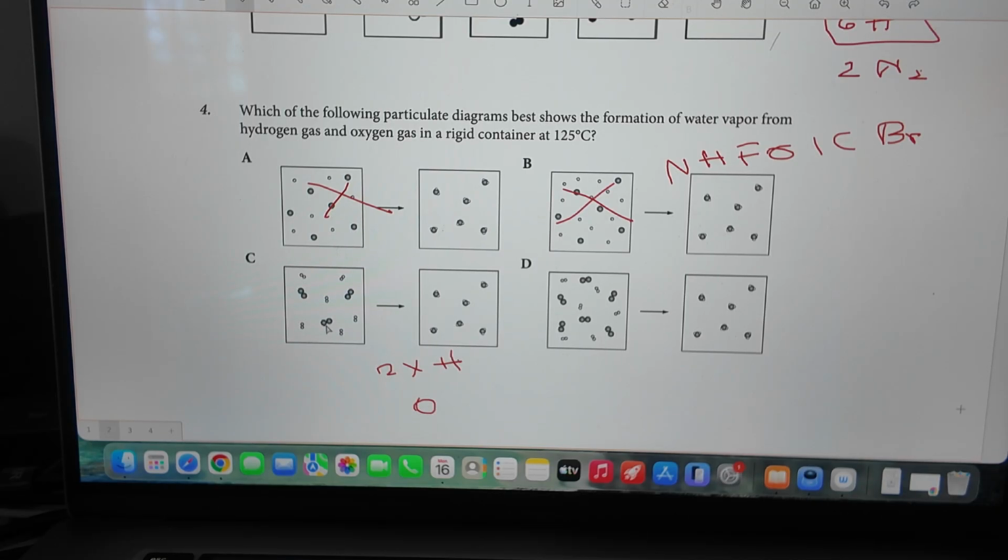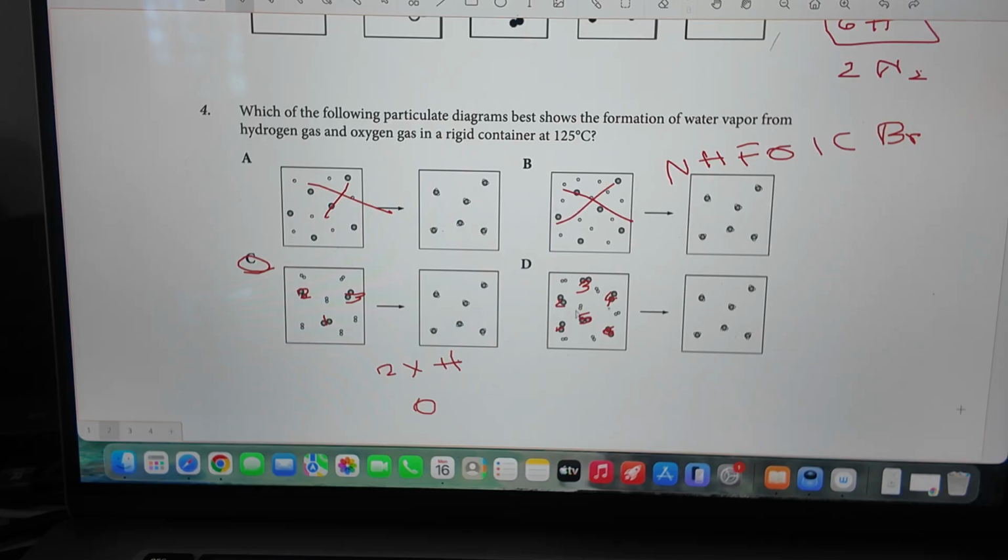So if we look here, we have 1, 2, 3 oxygens, and then we have 1, 2, 3, 4, 5, 6. Oh, it's definitely C. And here, for kicks, we have 1, 2, 3, 4, 5, 6 oxygens, but we have 1, 2, 3, 4, 5, 6.